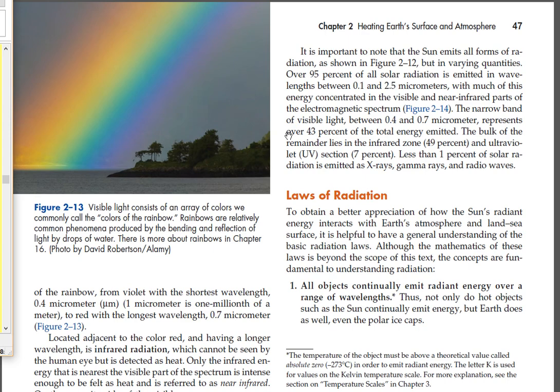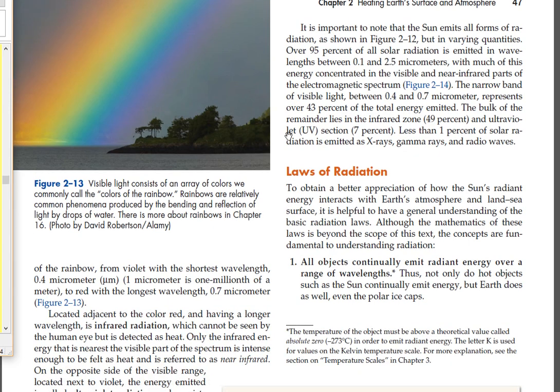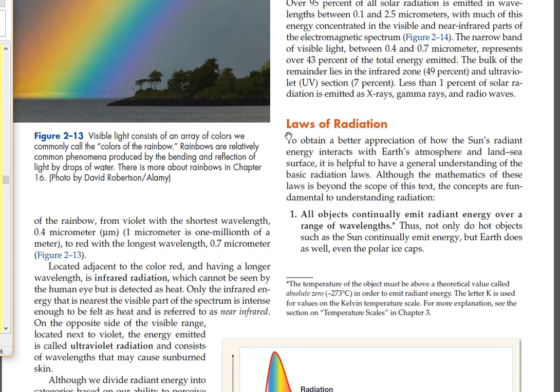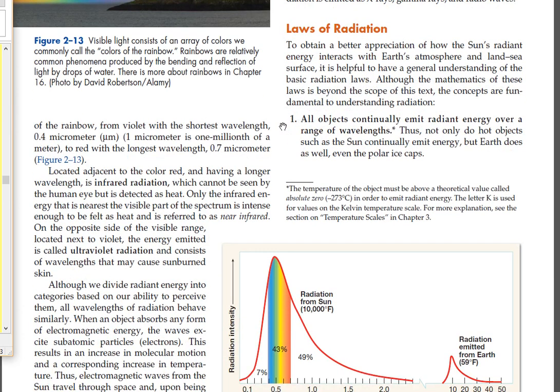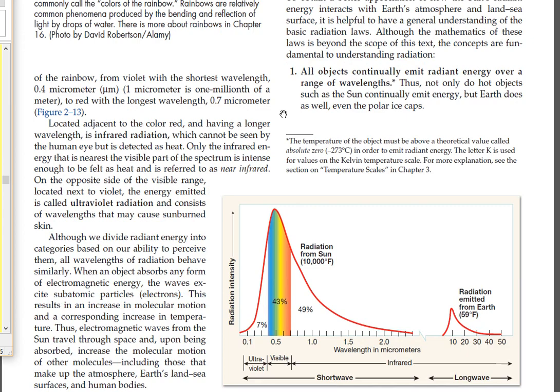The bulk of the remainder lies in the infrared zone, 49%, and ultraviolet, UV, section, 7%. Less than 1% of solar radiation is emitted as X-rays, gamma rays, and radio waves.